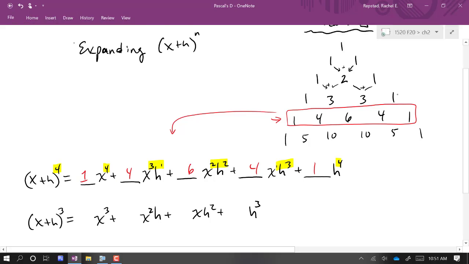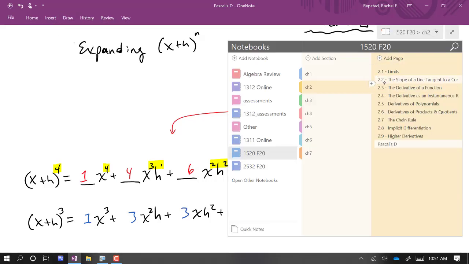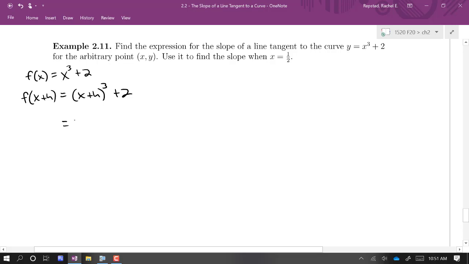And because this is cubed, I'm going to use the row that begins 1, 3, and my coefficients are 1, 3, 3, 1. So let's bring this back to our notes. So this is x cubed plus 3x squared h plus 3xh squared plus h cubed, and then plus 2. So there's f of x plus h.